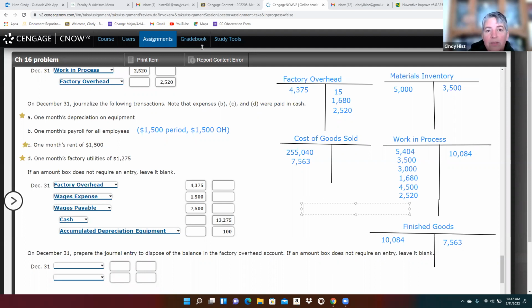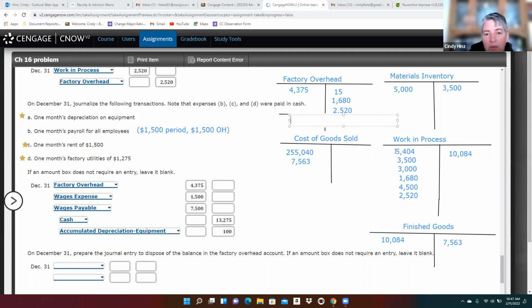But the next thing we're asked to do, at the bottom of the screen right now, it says to dispose of the balance in the factory overhead account. So in order to dispose of that balance, I need to figure out what the balance is. So let me go ahead and calculate that. Add up the debits, add up the credits, subtract the smaller number from the larger number, just balancing that T account.